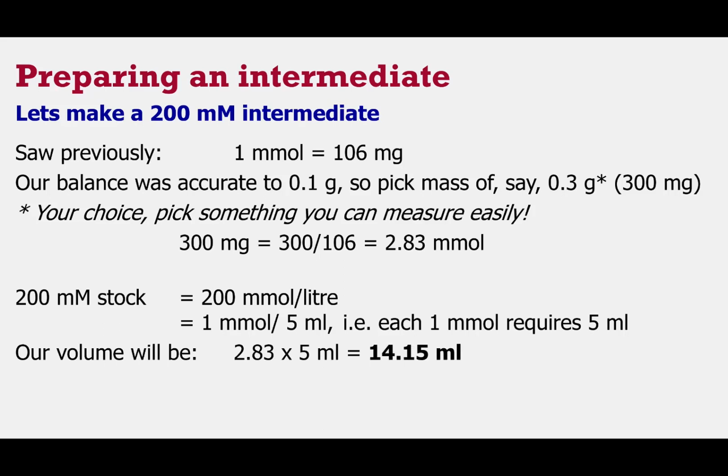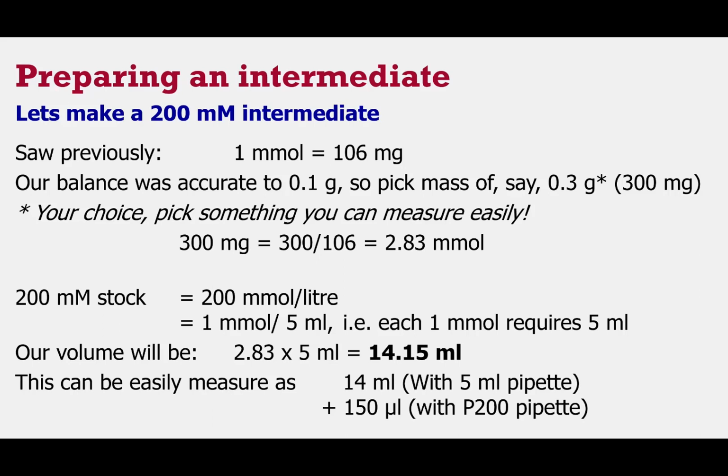And so that's our total volume for our intermediate solution: 2.83, which is the number of millimoles, multiplied by the volume, 5 millilitres. We're going to need a total of 14.15 millilitres. Now, that might sound an awkward sort of number, but actually it's fairly straightforward to make. We can make that using a 5 ml pipette to measure the first 14 millilitres.